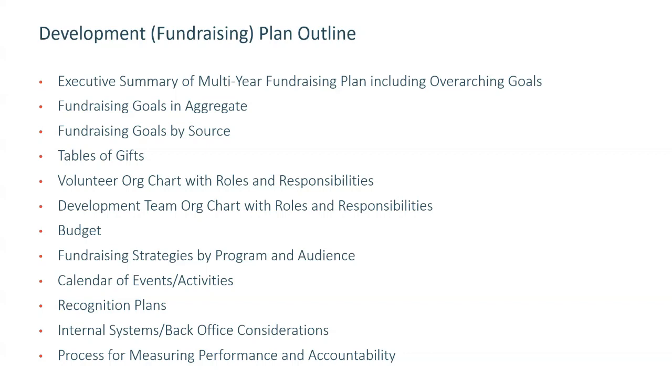But then we have a section or several pages on the fundraising goals in the aggregate. And oftentimes, this is what those financial goals are over the next several years.